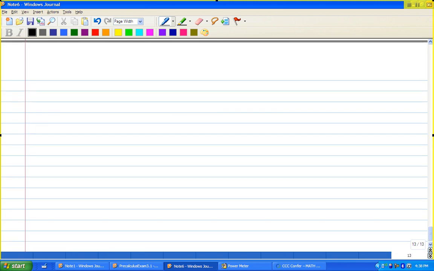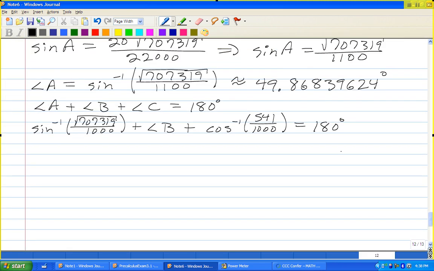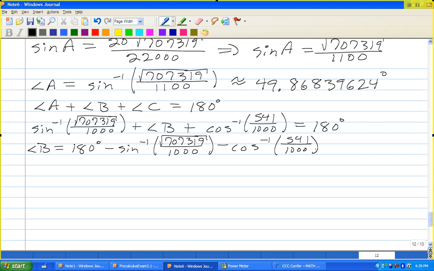And so angle B is 180 minus arc sine radical 707,319 minus arc cosine 541 over 1,000.